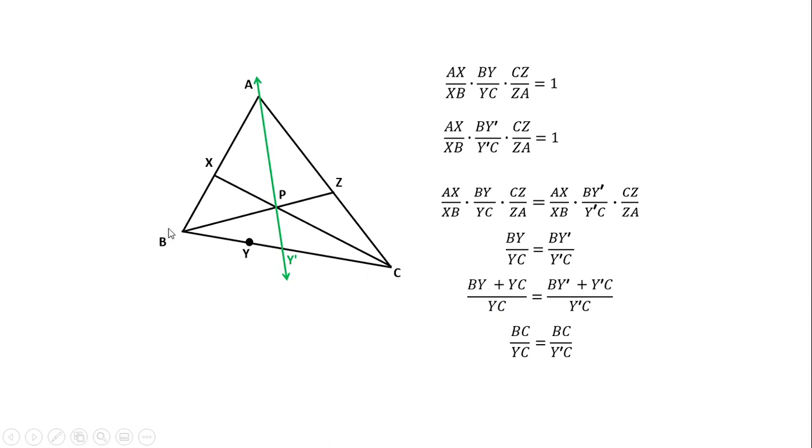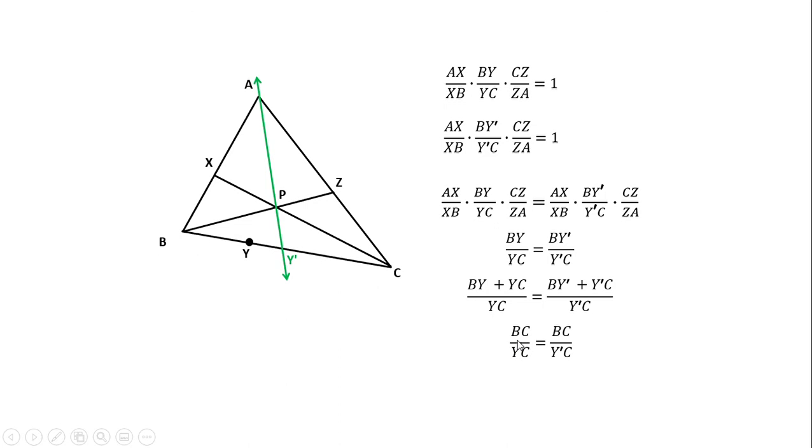Now we can say that since BY plus YC is equal to BC, we can replace this numerator on the left-hand side with BC. On the right-hand side of the equation, we also have BY prime plus Y prime C is equal to BC, so we can replace the numerator on the right-hand side with BC.